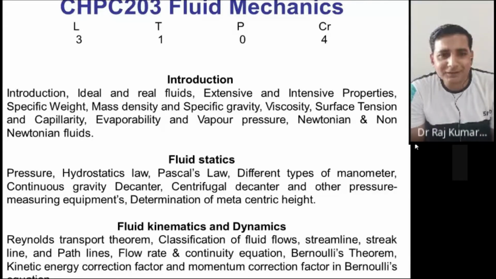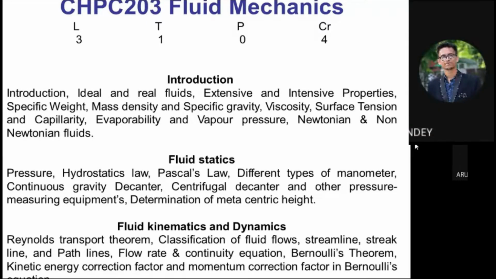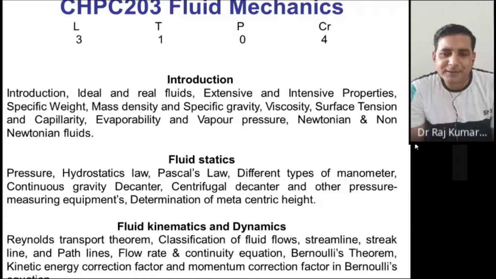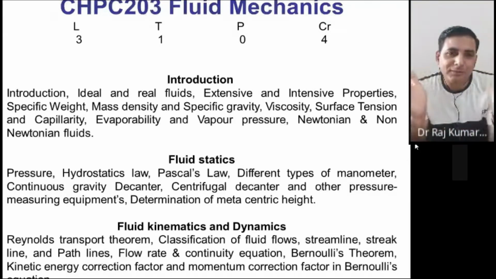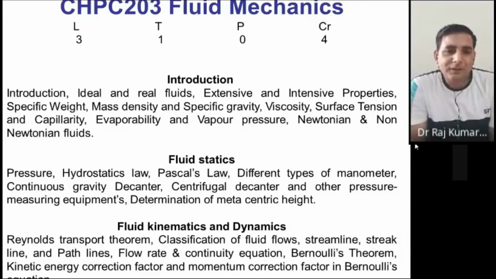Can anyone tell? Yes, mass is extensive, because you can take this much quantity or that much, so you can have more and more. Intensive properties are independent of quantity; they will not change.